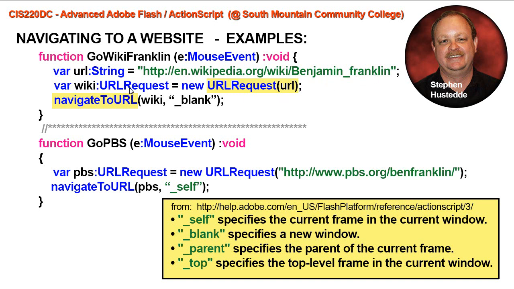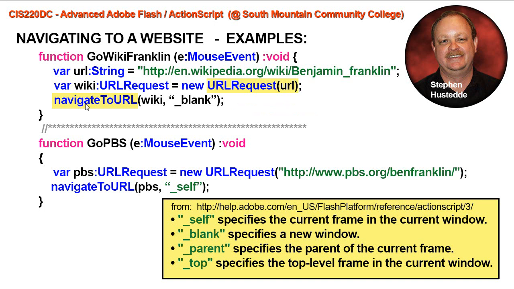Then I have to create a URLRequest object. It's another data type, and I use a variable again to do that, and I just named it wiki. And it equals a new URLRequest, and then it takes an argument of the website, and rather than specifying the web address, I simply put in the string that holds that web address.